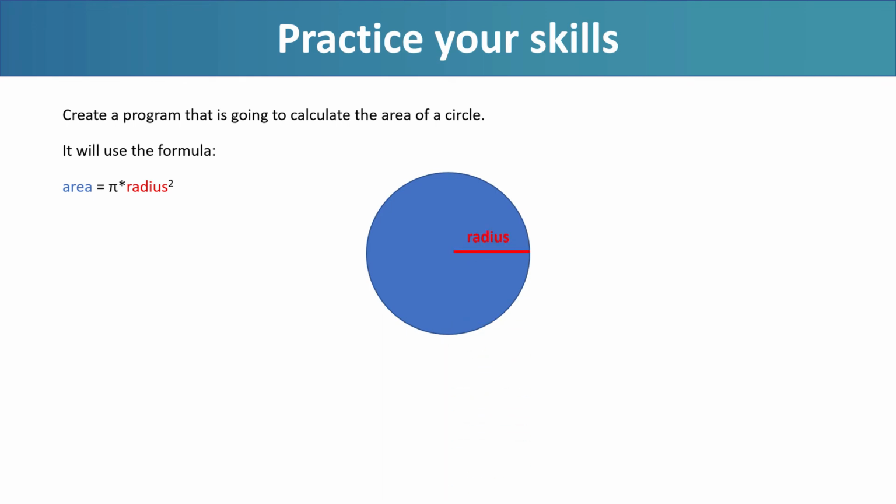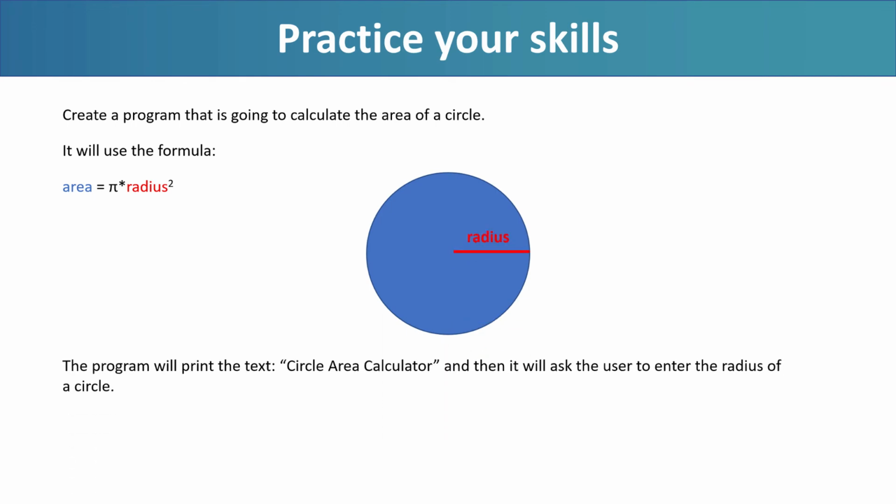The program will print circle area calculator, and then it will ask the user to enter the radius of a circle. Then it will calculate the result and it will print it on the screen like this. The area of a circle of radius something centimeter is something square centimeter. Please pause the video now and try to do this exercise by yourself.